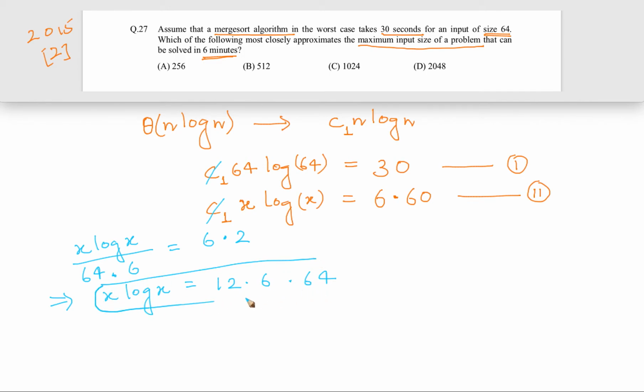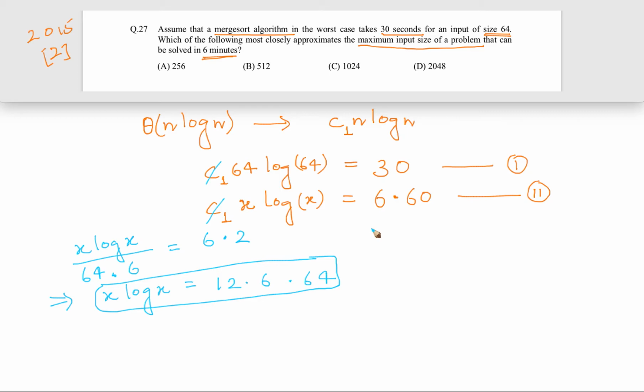In order to solve this equation, you cannot directly evaluate it. If you have a calculator you can try that, but the easiest way is that if we can somehow put the right hand side in a pattern of x log x, then we can simply correlate the value of x. So let's try to fit the pattern of x log x in the right hand side also.